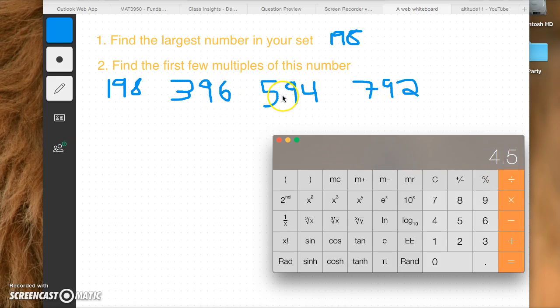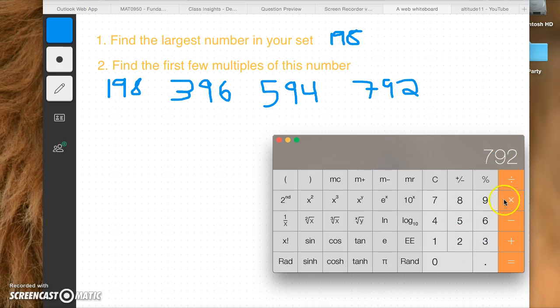It is not. So we'd have to move on to our next one. 594. Is that a multiple of 66? Yes, it is. Is that a multiple of 88? Still not there yet. 6.75. You might have noticed a pattern occurring, though. I'm thinking that 792 is going to get us to where we need to go.